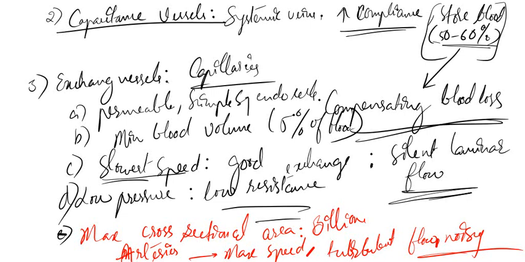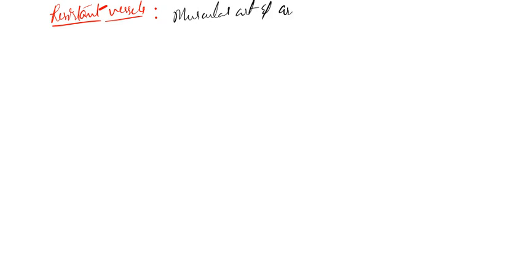Now coming to the final type of vessels, that is the resistance vessels. These are nothing but muscular arteries and arterioles.